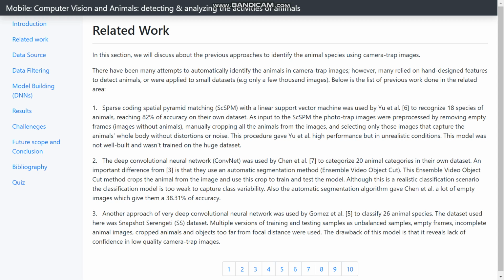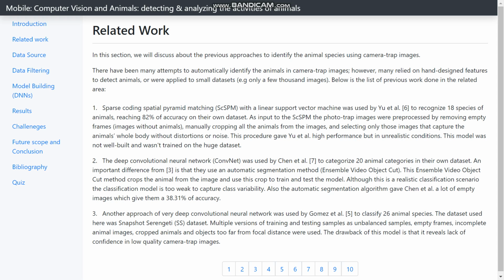This cut method basically crops the image of the animal from the captured video, and then it trains its model. Since this automatic crop method gave a lot of empty images, it gave them only 38% accuracy.